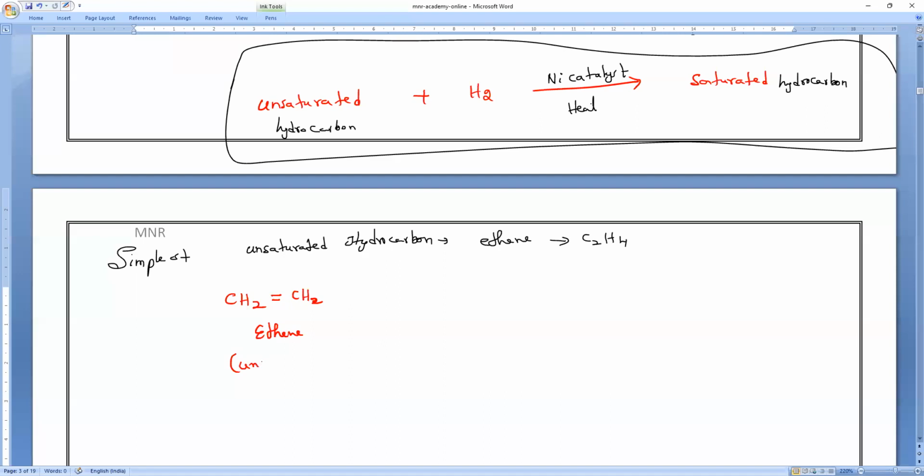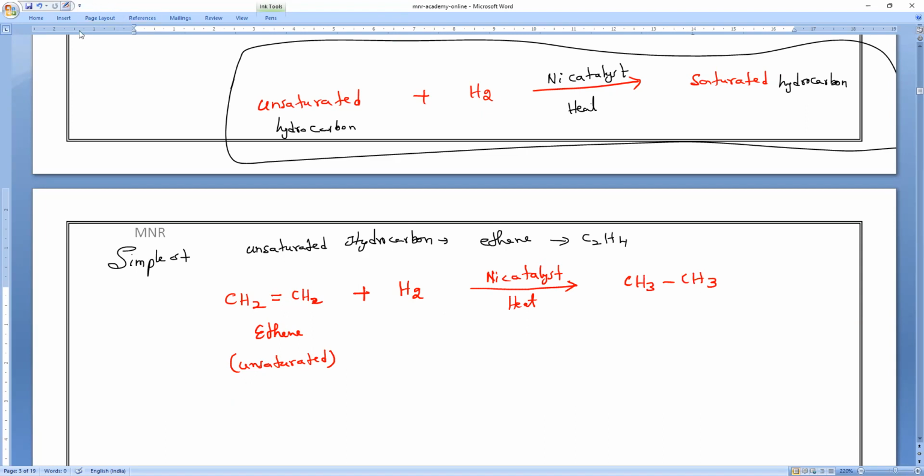Is it saturated or unsaturated? Unsaturated. So if I pass hydrogen gas in the presence of nickel as a catalyst and heat it, it will be converted into CH3, CH3. What do we call it?